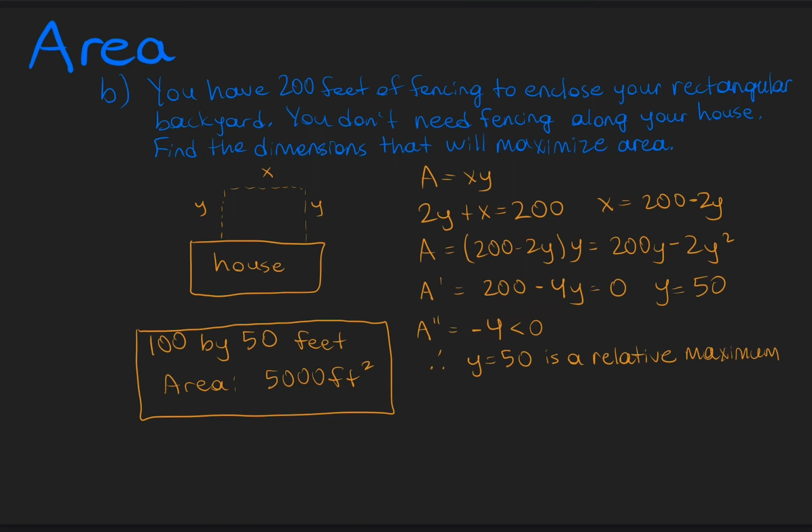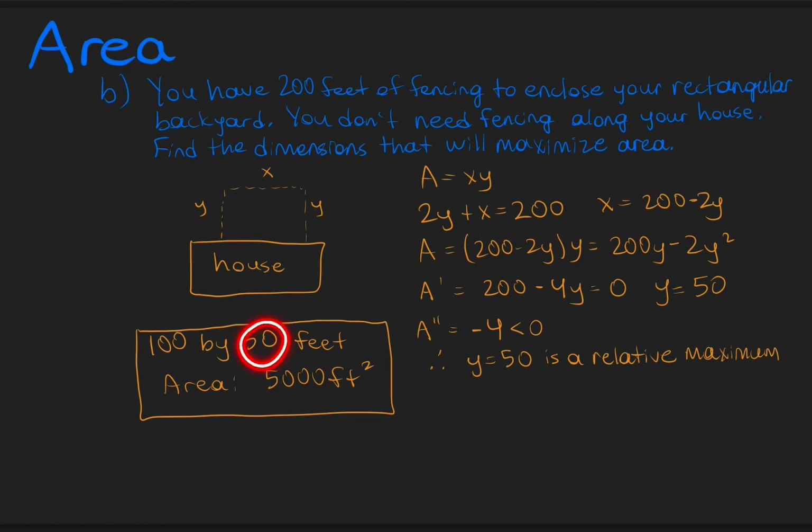If the second derivative is negative, then this point is going to be a relative maximum, assuming that A prime, the derivative of A, is 0 at this point. Okay, so we get A double prime is negative, which means that this is a relative maximum. So y equals 50 is the value for which we will get a relative maximum.